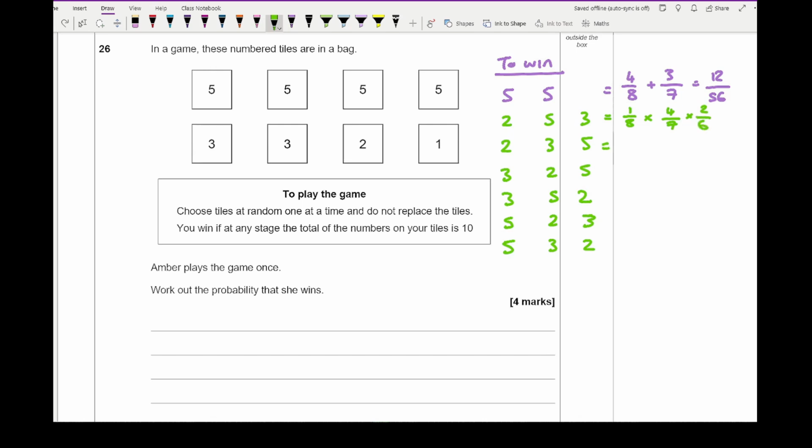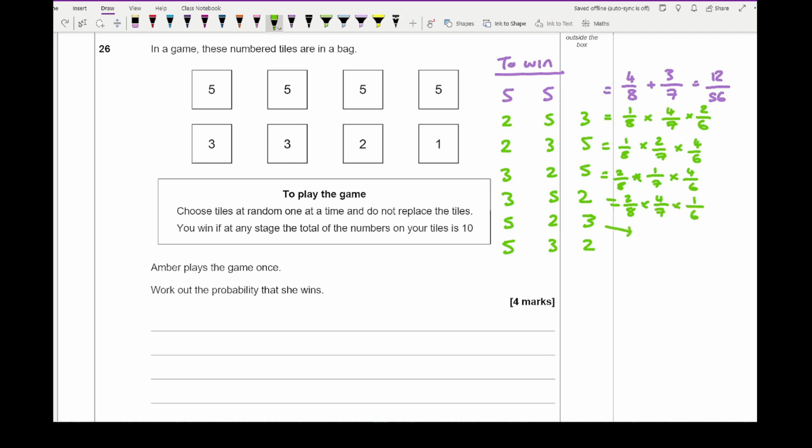Then for this one, we have the same numbers: 1 over 8 times 2 over 7 times 4 over 6. This one we're going to have 2 over 8 times 1 over 7 times 4 over 6. For this one, 2 over 8 multiplied by 4 over 7 times 1 over 6.